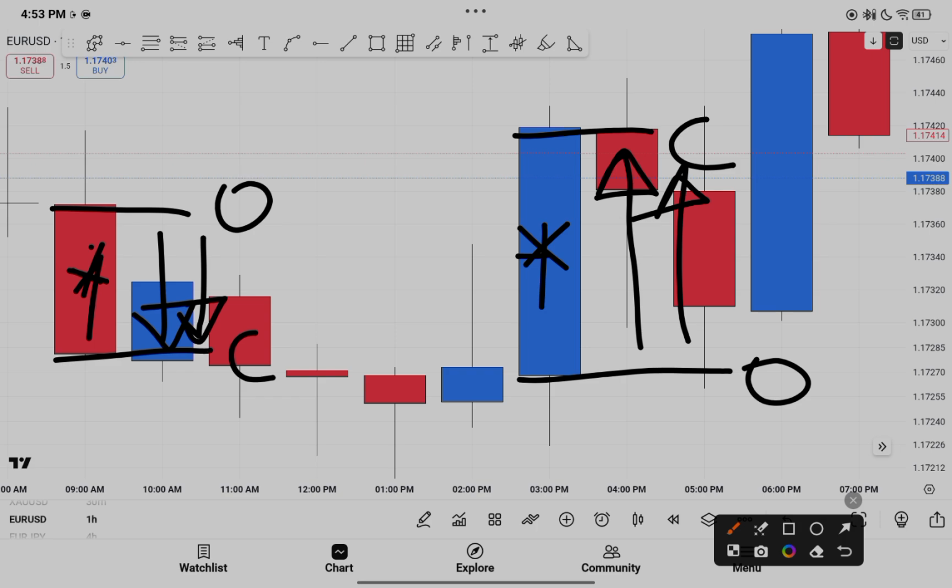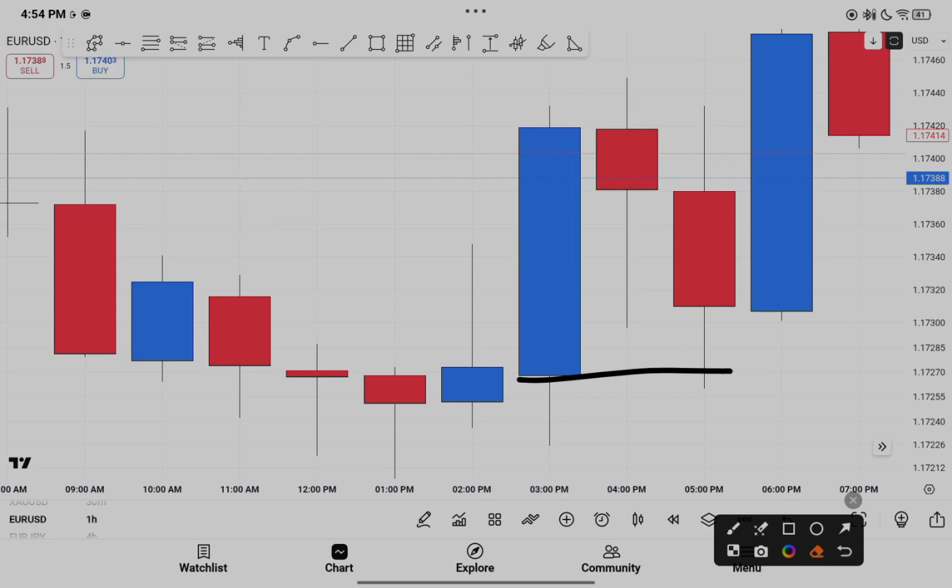Okay, so the next thing we are going to look at right now is candle shift theory. So basically, what is candle shift theory? Candle shift theory is the principle that lets us know what the next candle is relative to a particular candle.